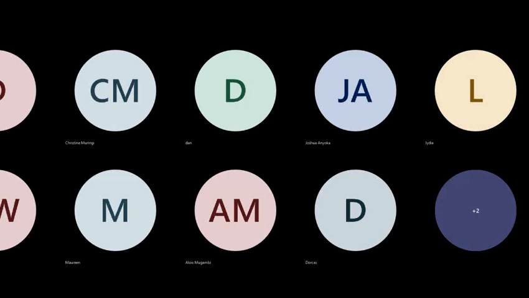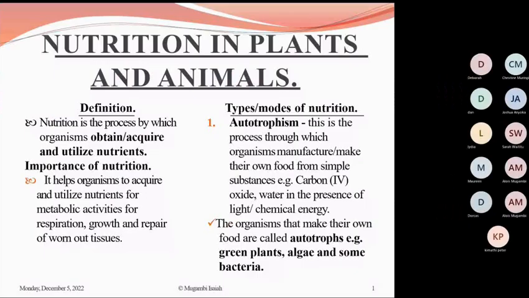Yeah, good. So we say that nutrition is the process. You need to know that in Form 1, we said nutrition is one of the characteristics of living organisms. But when you're defining this, you should be able to tell us about the process.